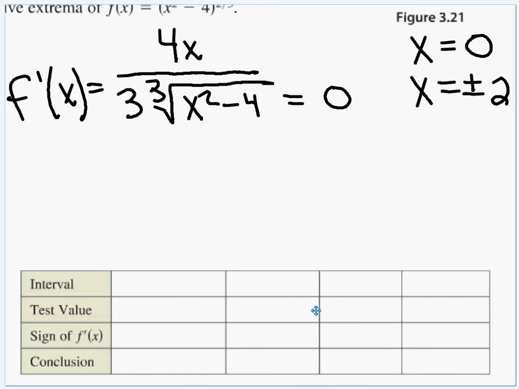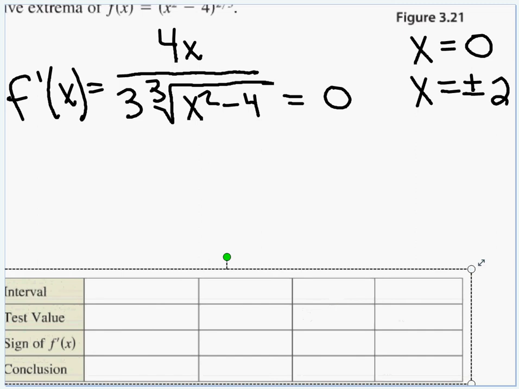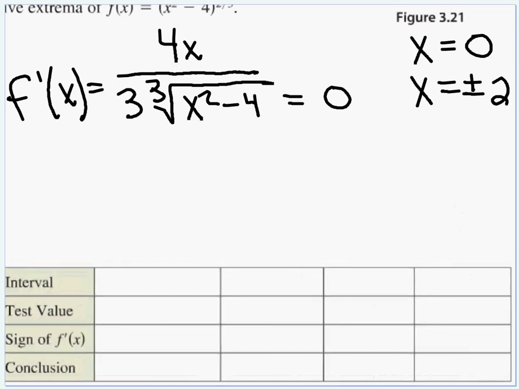So let me make my little chart a little bigger, and let's get our intervals in there. We always start farthest left at negative infinity. We'll go to the smallest critical number, negative 2. Next interval picks up at negative 2 and goes to the next critical number, 0.